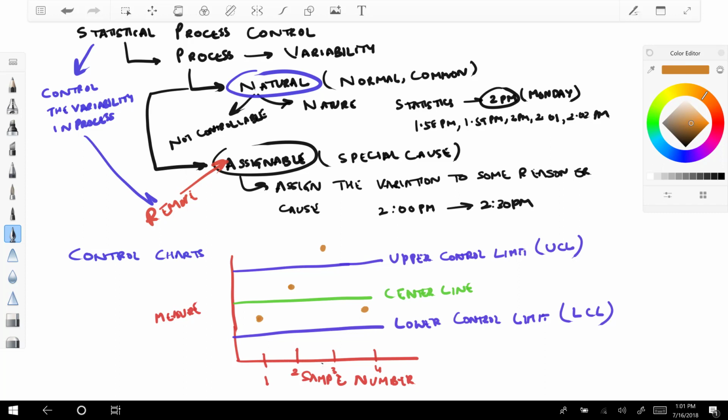If all the data points are within the upper control limit and lower control limit, then the process is in control. Otherwise the process is out of control. If you see here, this point is outside the upper control limit, so this process is out of control.